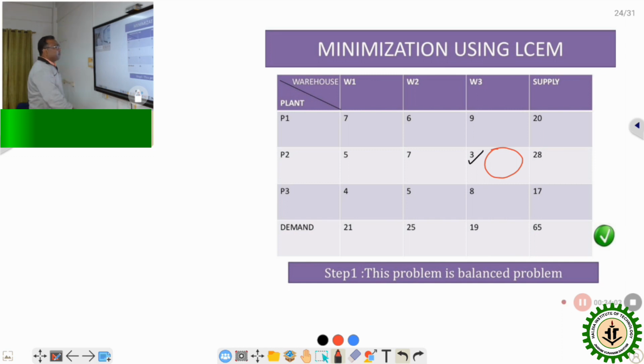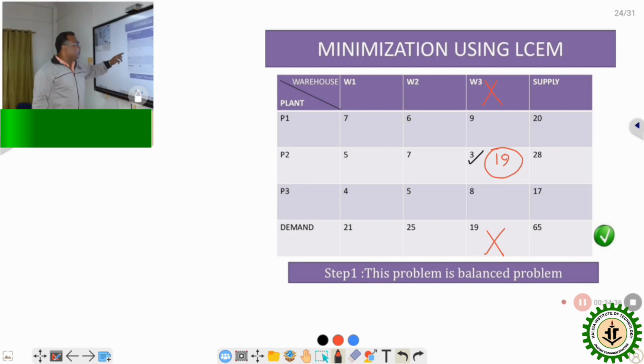On the basis of that, you can see that P2 available is 28, demand is 19. So what maximum amount can we transport? 19 units. So when we do this, we have fulfilled the demand of W3. It means in the new matrix, W3 will not be there.